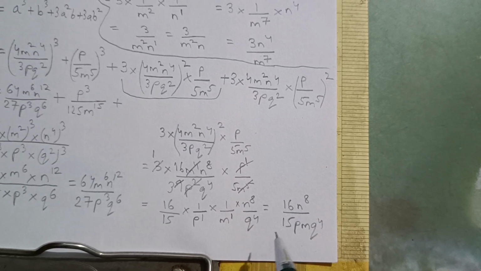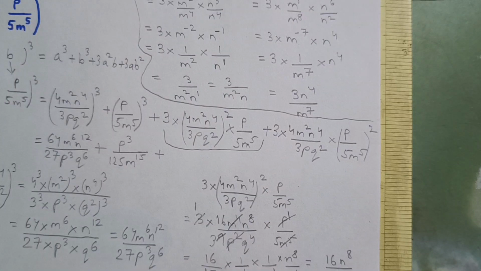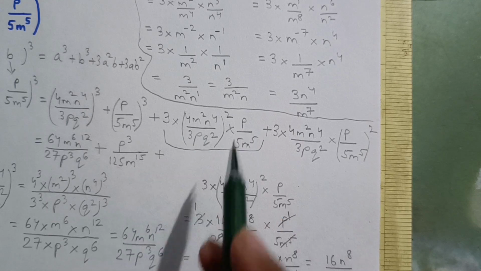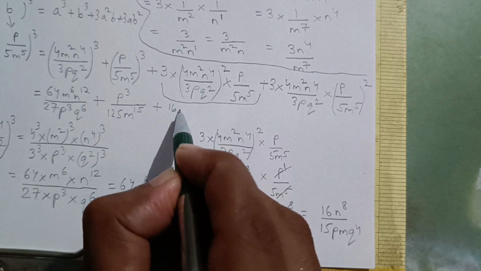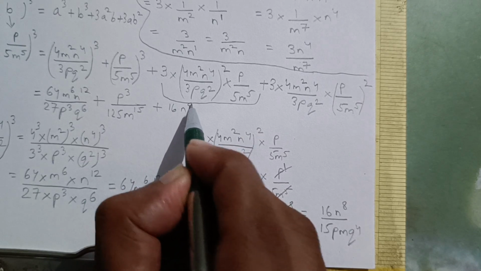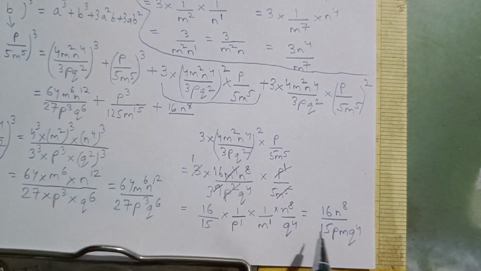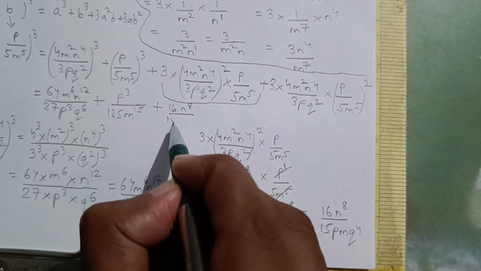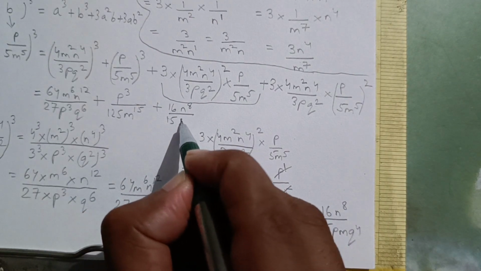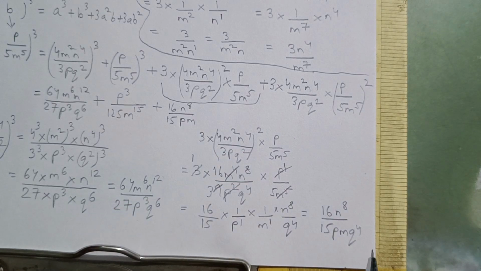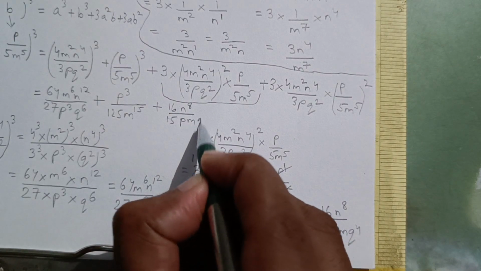So this is the answer for this expression. So the answer is 16 n to the power 8 upon 15 pm q to the power 4.